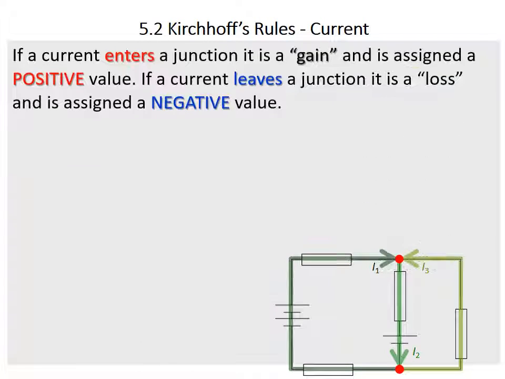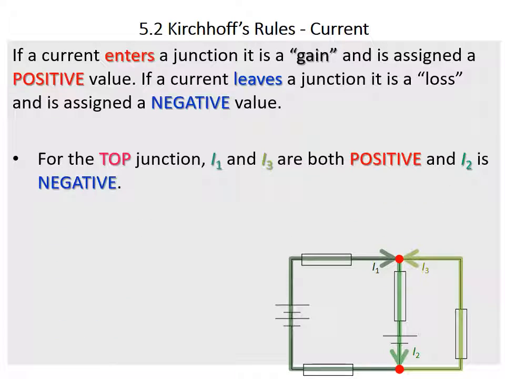Okay, so continuing with the rules for assigning current. If current enters a junction, it is counted as a gain and it's given a positive sign. If current exits a junction, it's considered a loss and it's given a negative value. So look at this top junction right here.